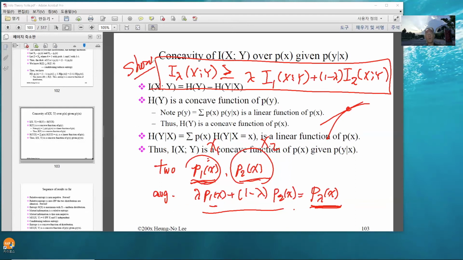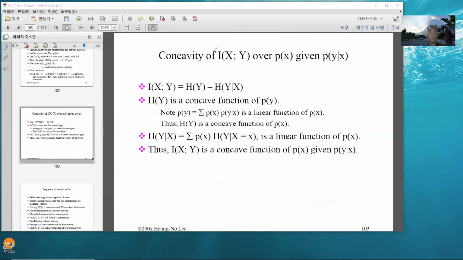So that's the formal, rigorous way to prove concavity of mutual information over p(x) given p(y|x). I'll give you a note about how to prove this, the formal way. Please find the note in the talk room. I will send it in the talk room.